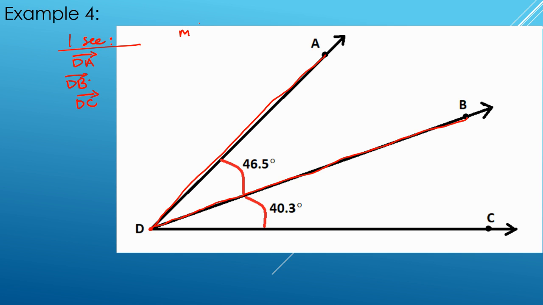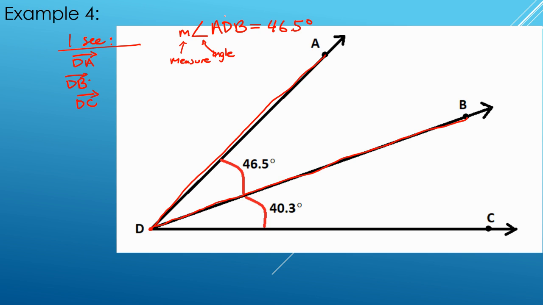The measure of angle ADB is equal to 46.5 degrees. Little m means measure for us in geometry. And then this symbol, you can tell, I hope, means angle. I can't spell it, but it means angle. There we go.